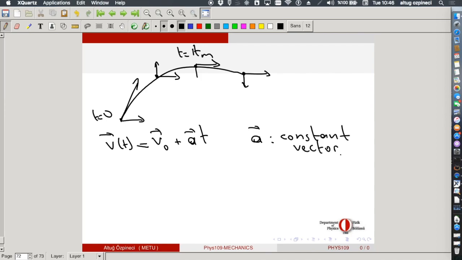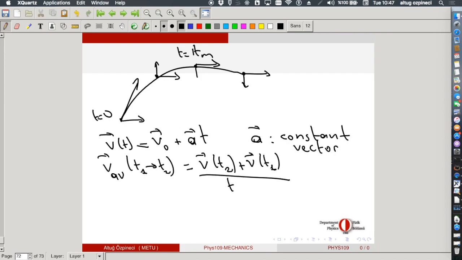For such a motion only, the average velocity between two times is equal to the average of the initial velocity and the final velocity: v average between t1 and t2 is equal to v of t2 plus v of t1, divided by 2.